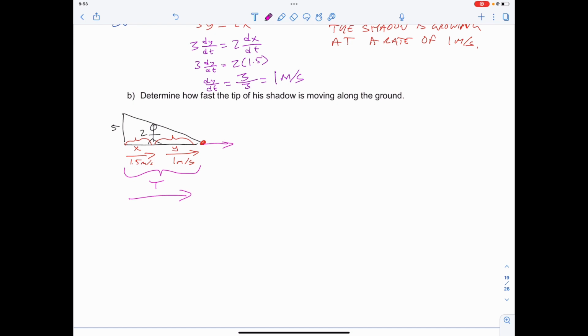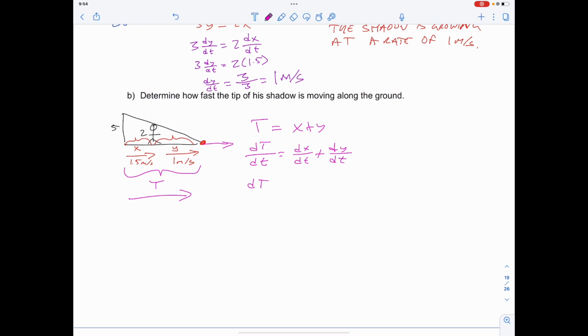So if that total length t is equal to x plus y, then that means that the speed at which t is growing over time has to equal the speed at which x is growing over time plus the speed at which y is growing over time.